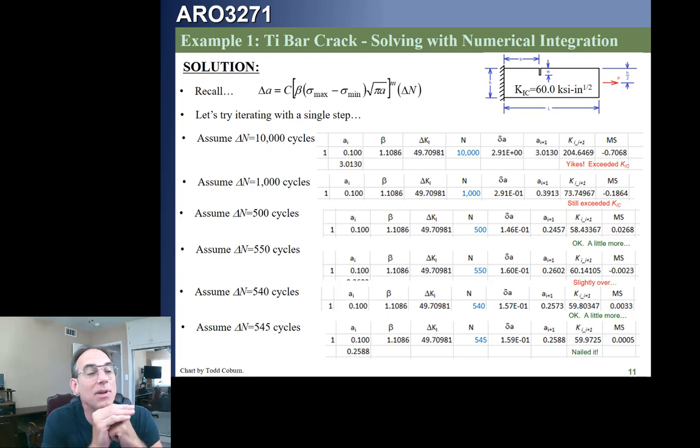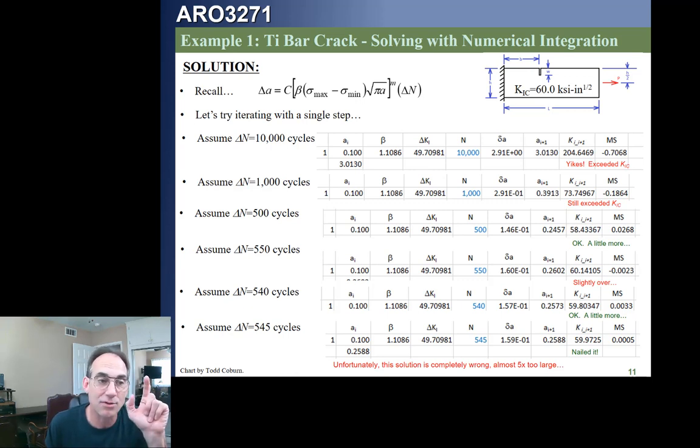This is completely wrong, even though the approach is valid. In fact, compared to the actual answer, it's about 5 times too large. We're not good for 545 cycles. We're good for something much less. Remember, calculus said we're good for 136 cycles.